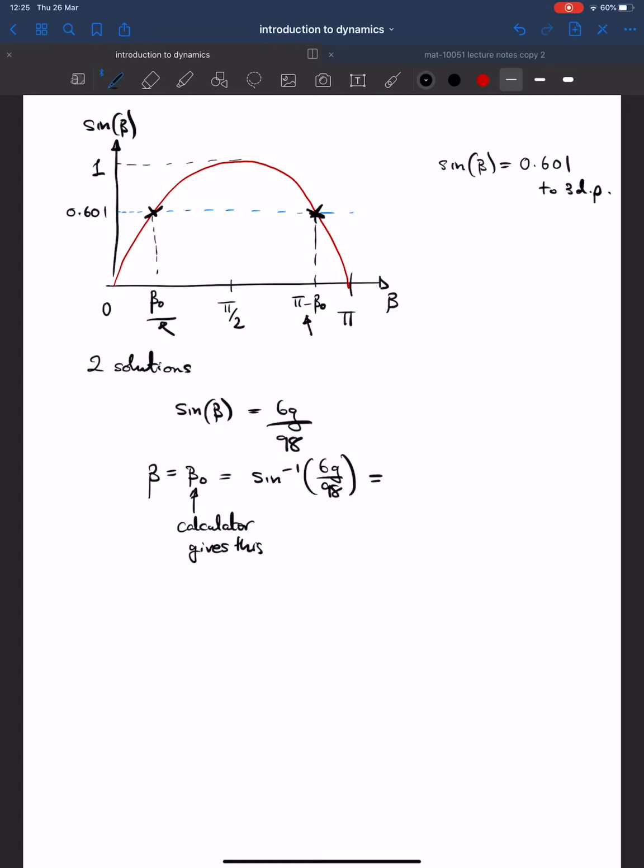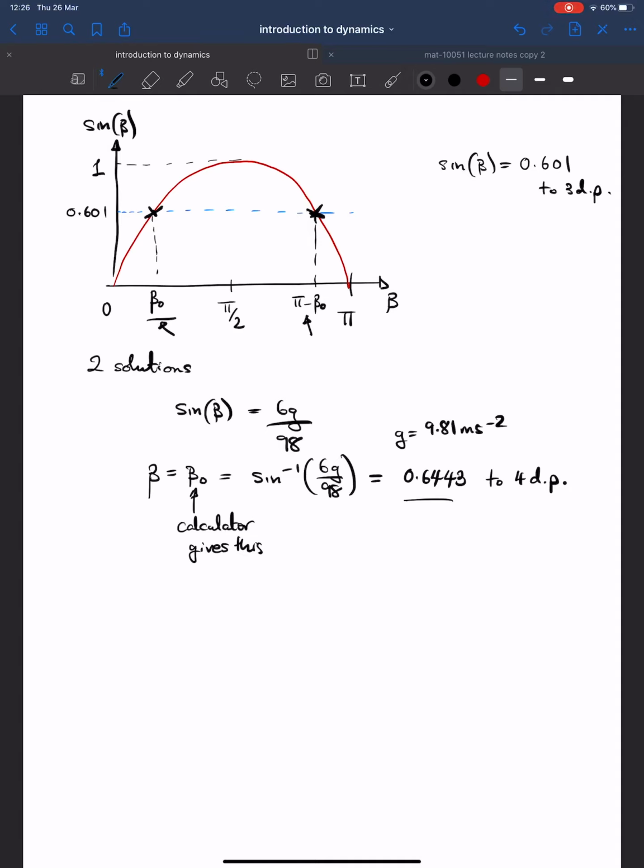So if you do this in the calculator with g, don't forget g equals 9.81 meters per second squared, what you end up with is 0.6443 to 4 decimal places. Now, as usual, I am writing this for presentation purposes. However, in my calculator, I'm going to keep everything to full precision.